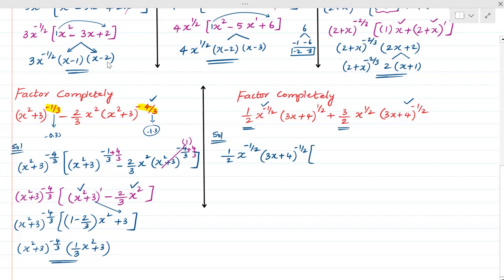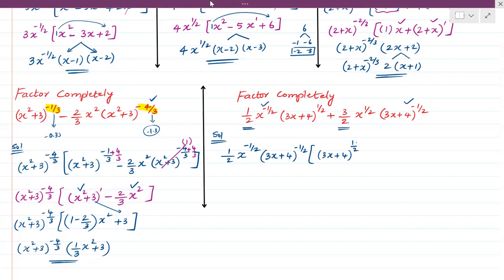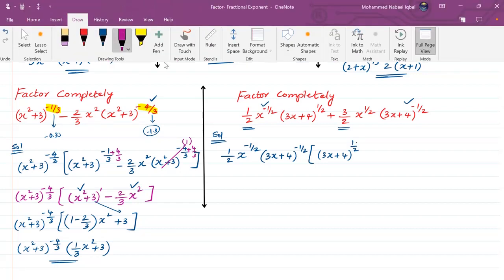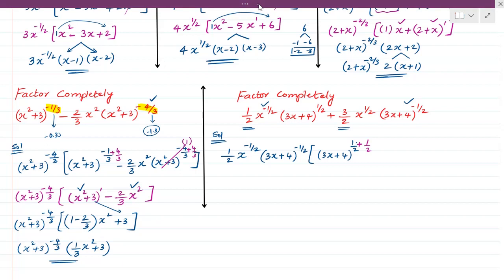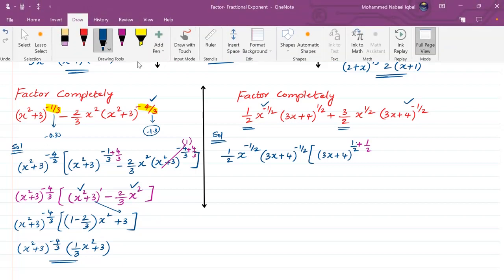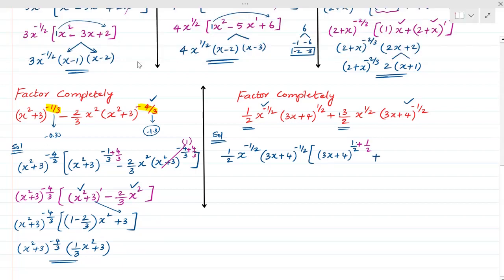Now when you take it outside, 1 over 2 outside, this is also outside. What are the remaining here? You will have 3x plus 4 to the power 1 over 2. So since we have taken the minus outside, I have to add 1 over 2. And coming to the next term, 1 over 2 we have taken outside.